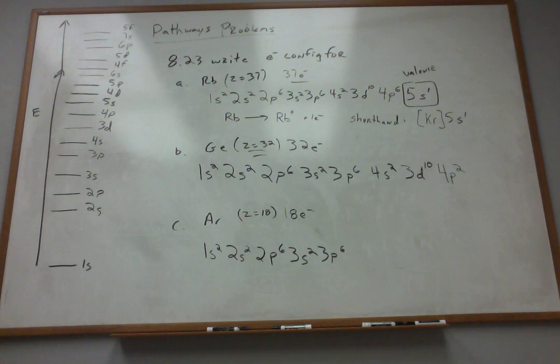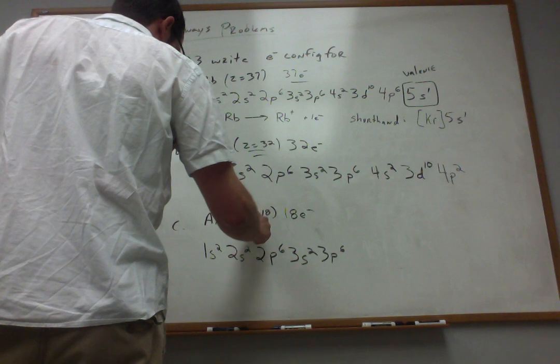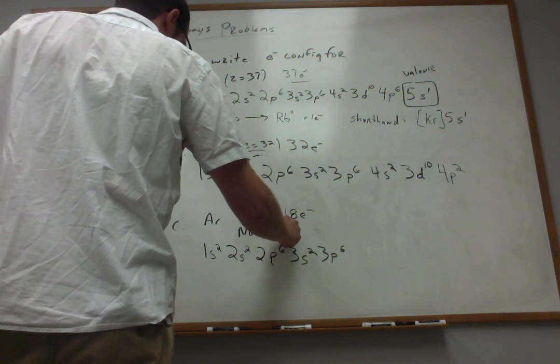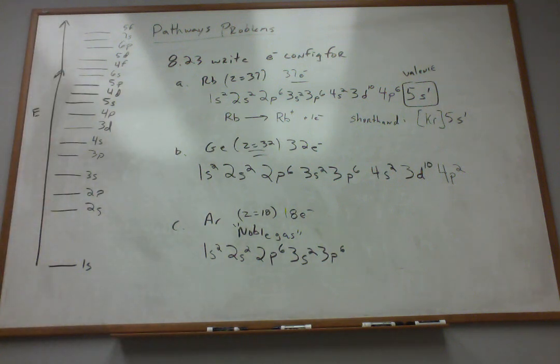Okay. Now, argon is in the last vertical column of the periodic table. It's known as a noble gas, right? Every element in that column is a noble gas. We learned that earlier in the semester, hopefully. And these materials are notorious for being chemically unreactive.